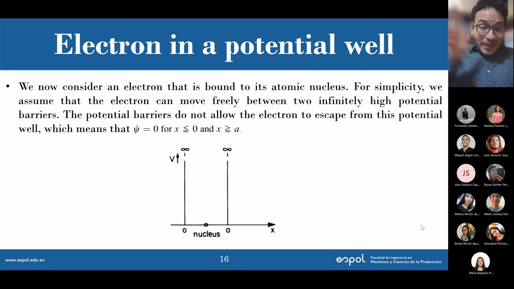Let's assume that an electron can move freely, but now it's bound. So it's not allowed to move freely anymore, infinitely freely all around this space. Now it can move freely, yes, but between two infinitely high potential barriers. Before, you had an entire swimming pool for you, and you were able to swim all around the swimming pool.